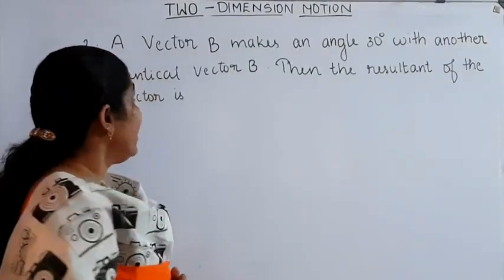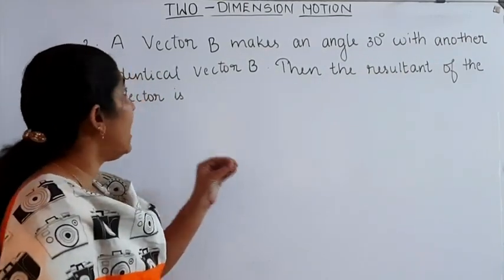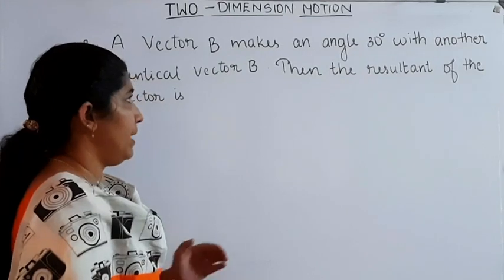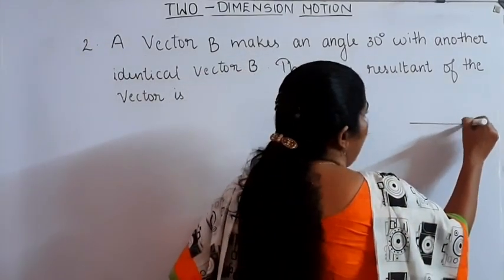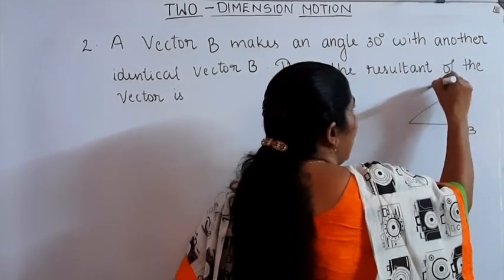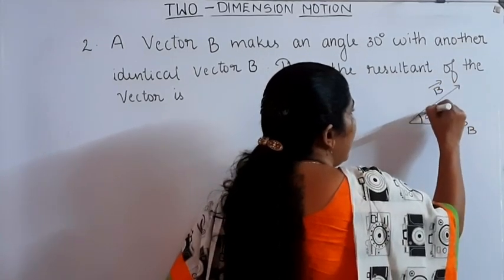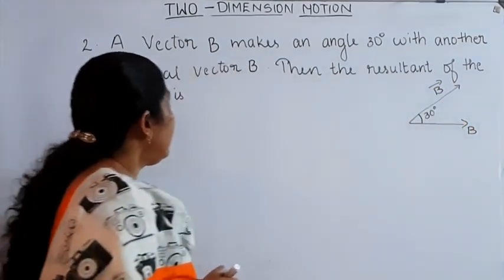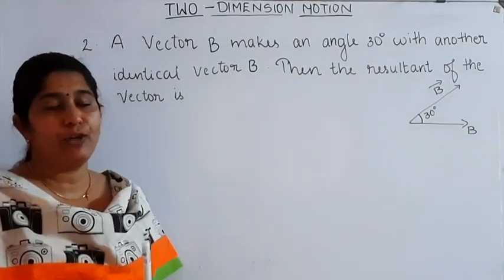Our second question: a vector B makes an angle of 30 degrees with another identical vector B. Then we want to find out the resultant of these two vectors.